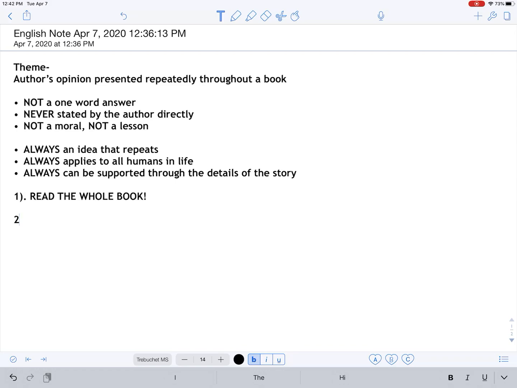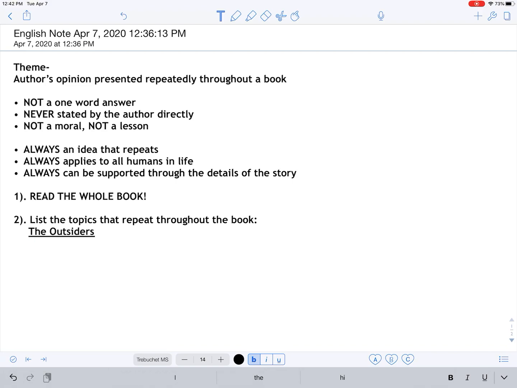After you've read the whole book, step 2 is to list the topics that repeat throughout the book. So, when we talked in our class Google Meet this week, we talked about the book The Outsiders.